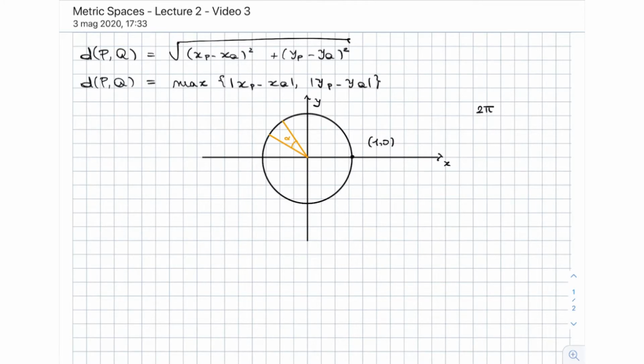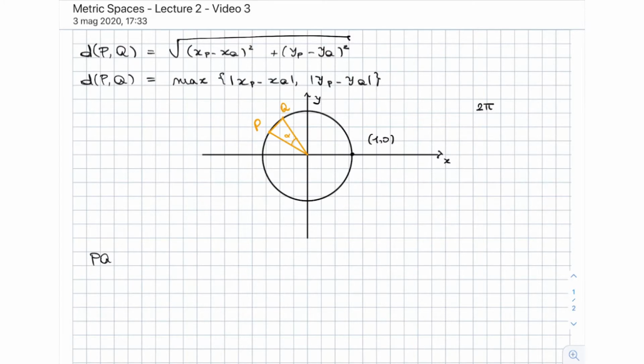Recall that given such an angular sector, if we call P and Q the points on the circle of intersection between the two sides of the angular sector with the circle itself, then the length of the segment connecting P and Q is equal to 2 times the sine of alpha divided by 2.